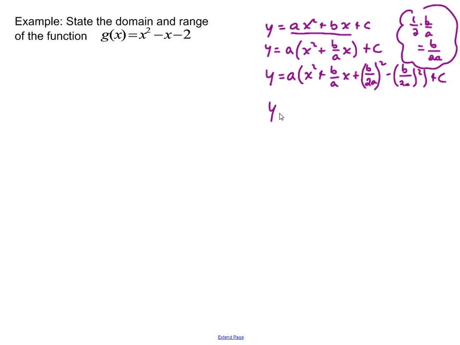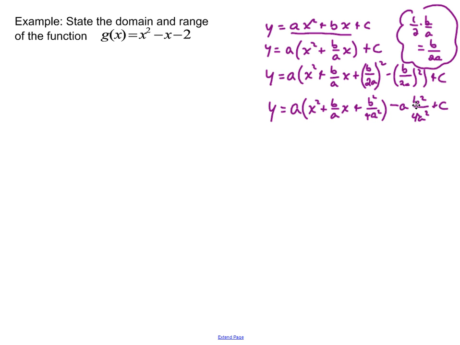If we were to rewrite this one more time so that we had our perfect square trinomial in the parentheses, it would look like this, plus b squared over 4a squared, I guess, minus a times b squared over 4a squared plus c.